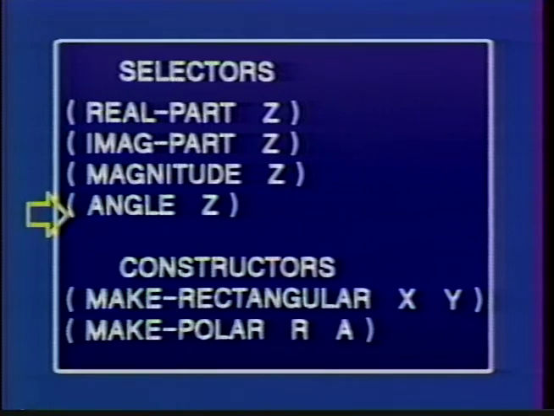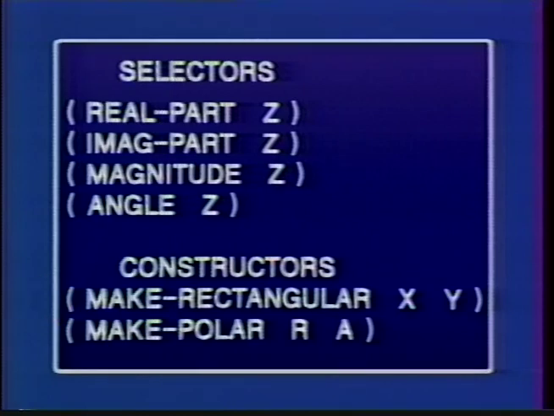We want some ways of making complex numbers, not only selectors but constructors. So we'll assume we have a thing called make-rectangular. What make-rectangular is going to do is take a real part and an imaginary part and construct a complex number with those parts.